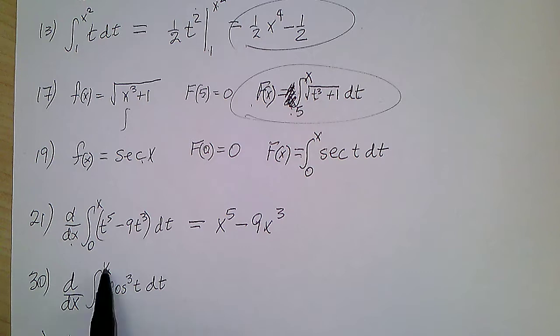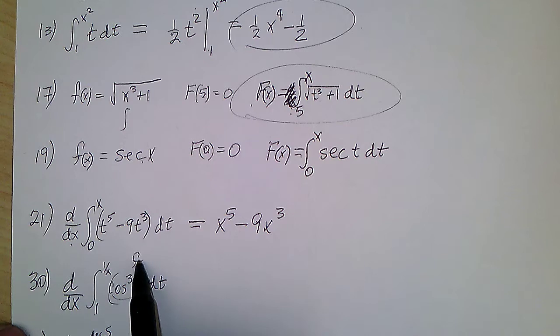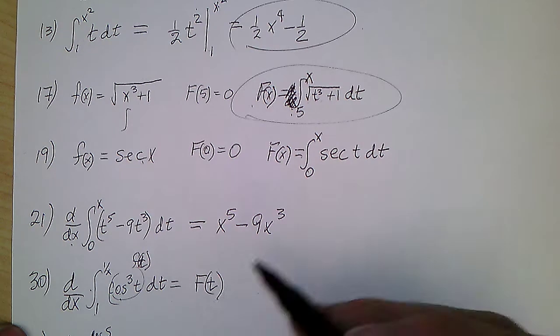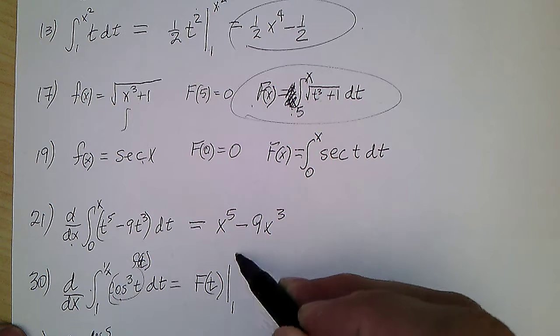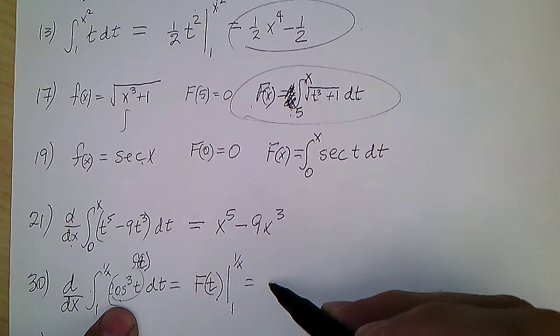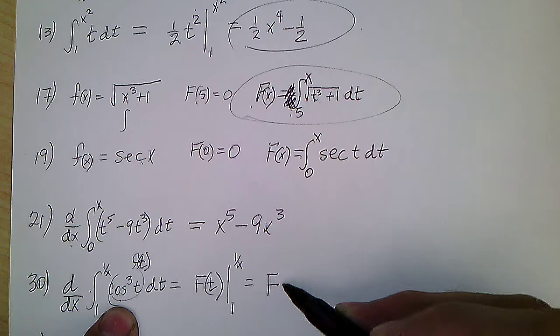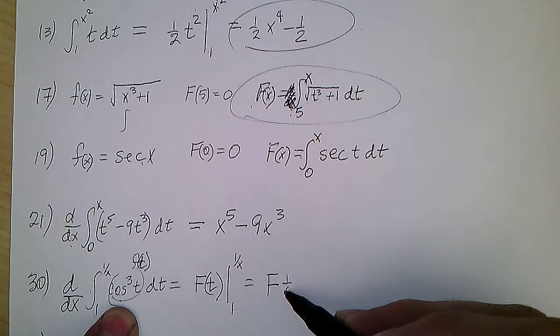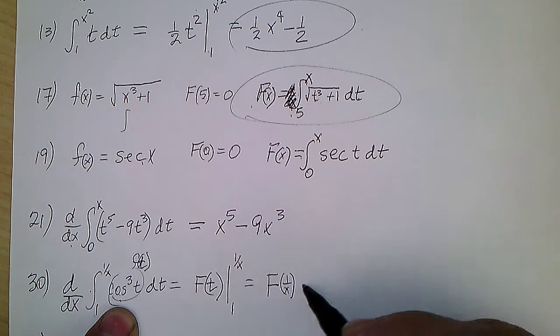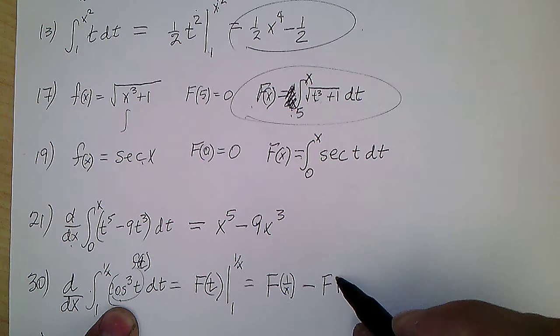And here I got to go, okay, so now let's look at this one a little closer. So if this is small f of x, or f of t, then its integral would be capital F of t, evaluated from 1 to 1 over x, which would be capital F of 1 over x, that minus capital F of 1.